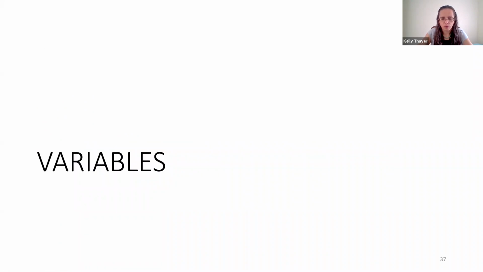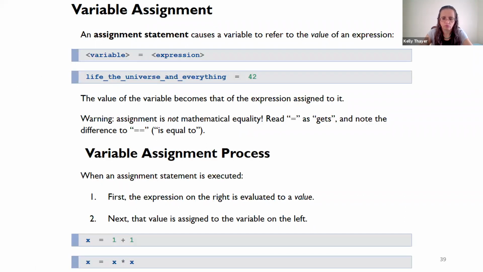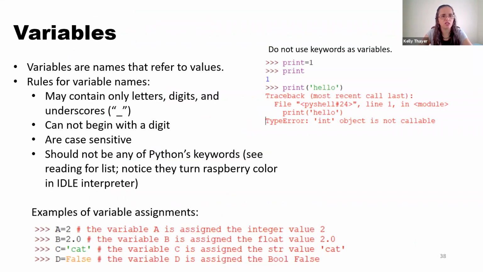So to more formally introduce variables, variables are names that refer to values. The rules for variable names are that they may contain only letters, digits, and underscores. They cannot begin with a digit. They are case sensitive, so if you have something started with a capital letter and another time you use a lowercase letter, it's not the same thing. They are distinct variables.